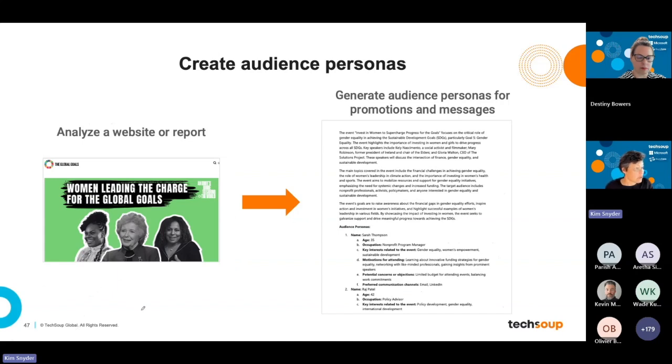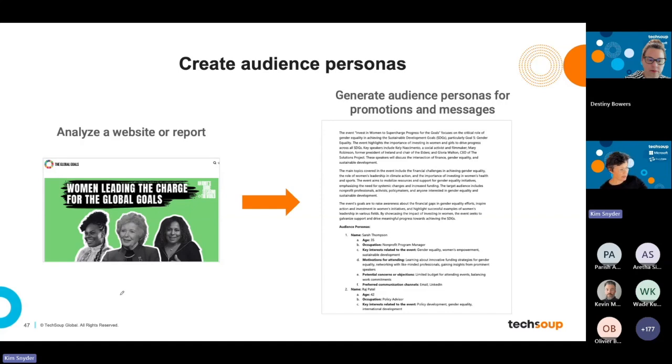It can analyze a website, and this is really helpful for emails and marketing. I'm not a marketing person, actually, but if I want to promote something like this report on women leading the global goals, I can ask, what types of audience personas, who should I be targeting my messaging for?